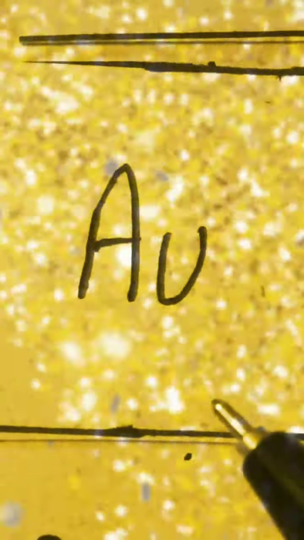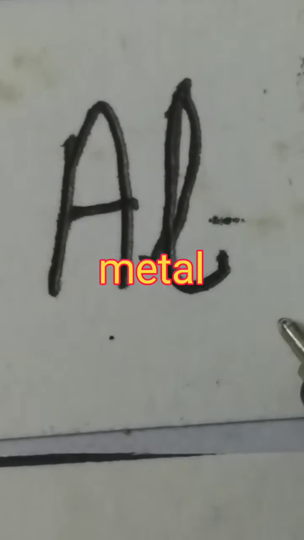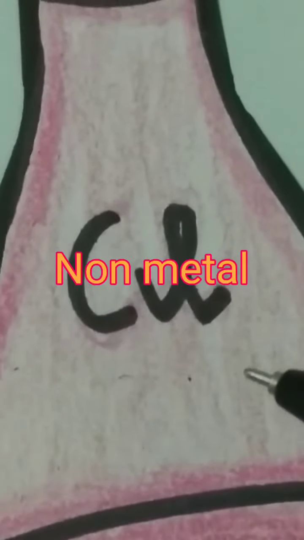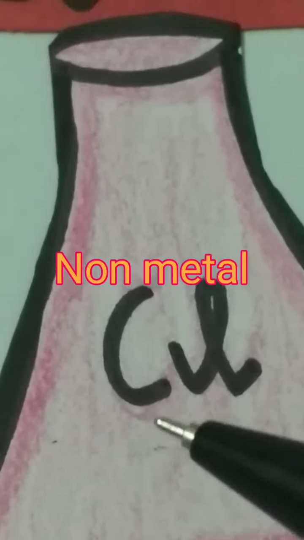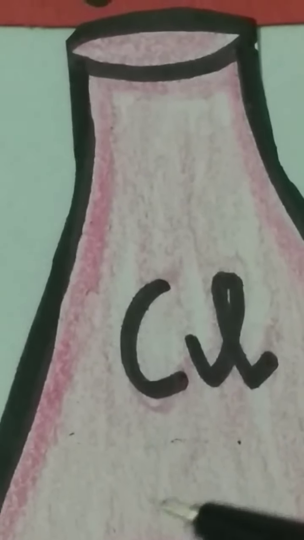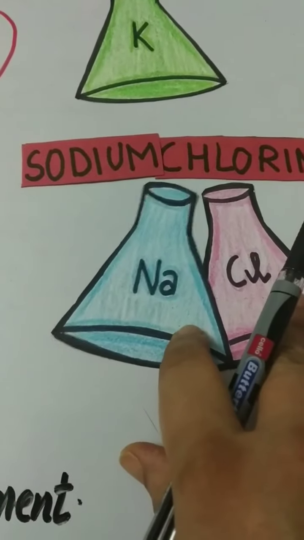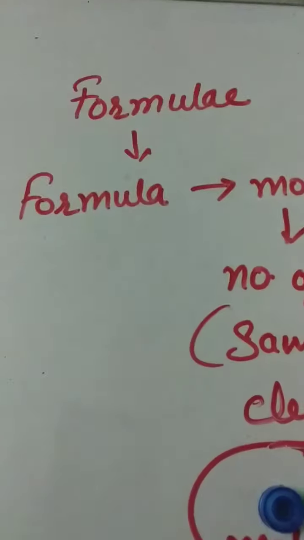And what is the color of gold? Yellow. Aluminium, Al, is the symbol of aluminium, and it is a metal, whereas Cl, chlorine, is a non-metal. NaCl represents one molecule of sodium chloride.